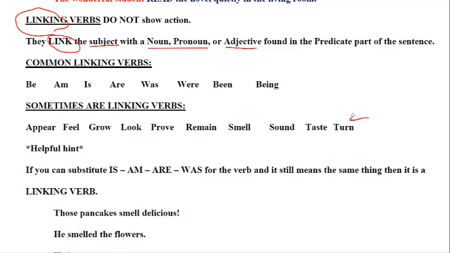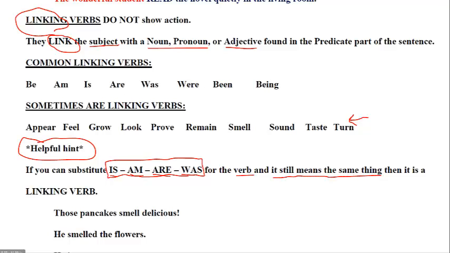And these words sometimes can be used as action verbs and sometimes be used as linking verbs. But here's a helpful hint. If you can substitute the verb or the verb phrase for is, am, are, or was, and it still means the same thing, then you're working with a linking verb.